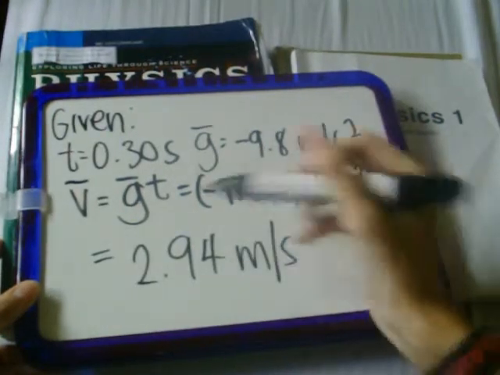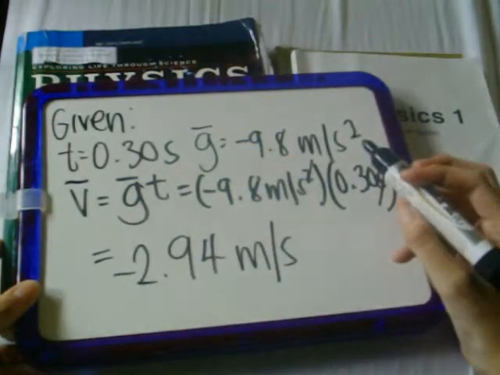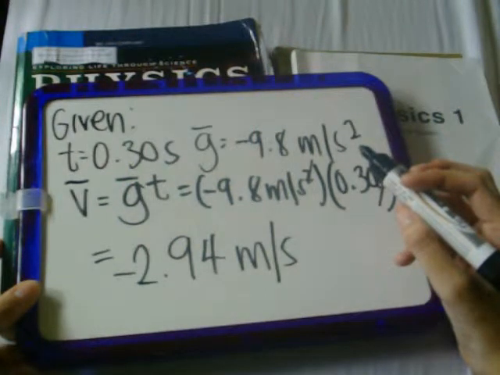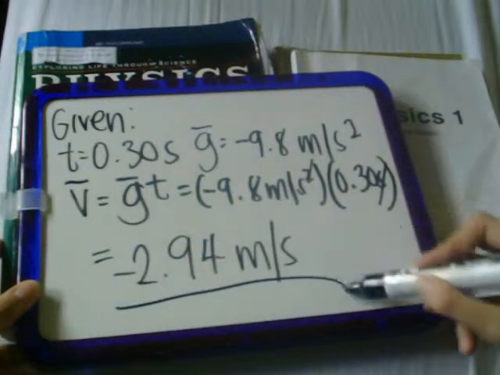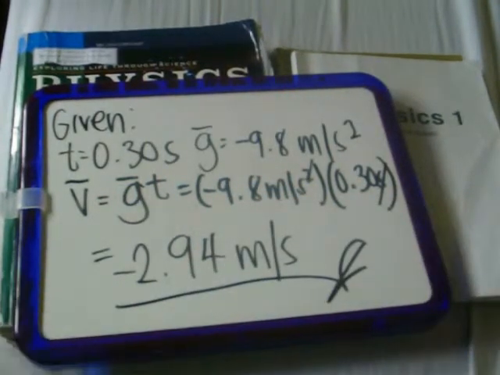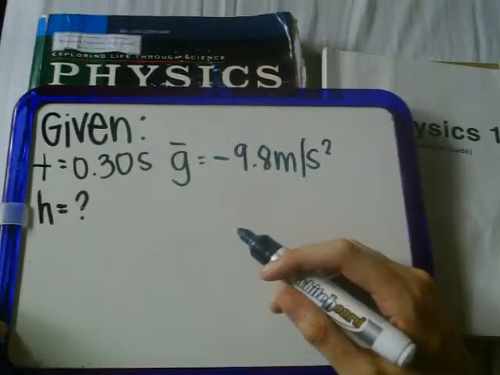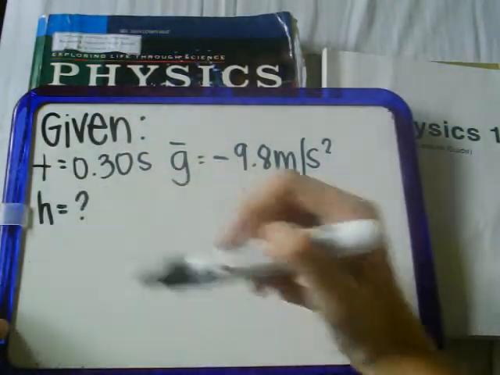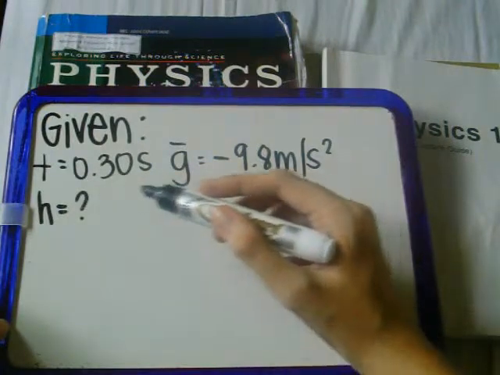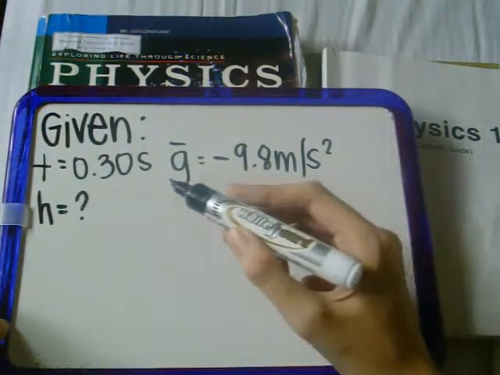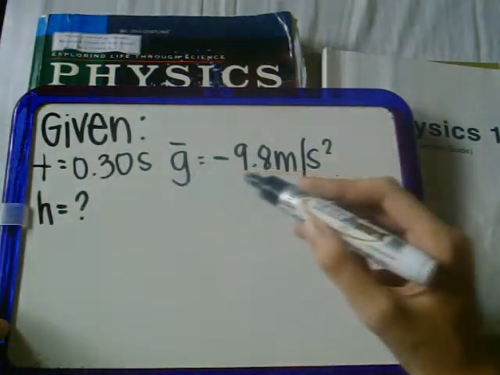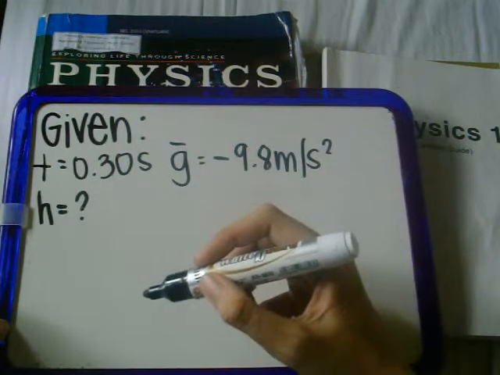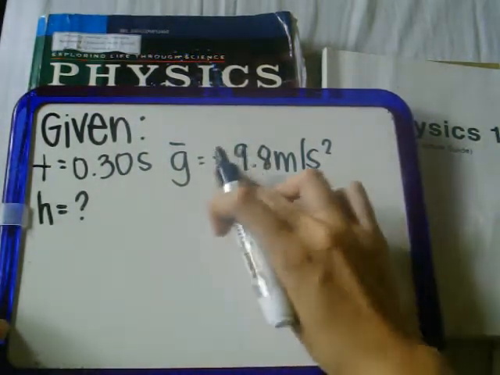The velocity of the syrup being poured in the cup is negative 2.94 meters per second. We are now to compute for the height, using the given values earlier, 0.30 seconds for time, and 9.8 meters per second squared for acceleration due to gravity. Since there is no negative in height, we will take the positive value.